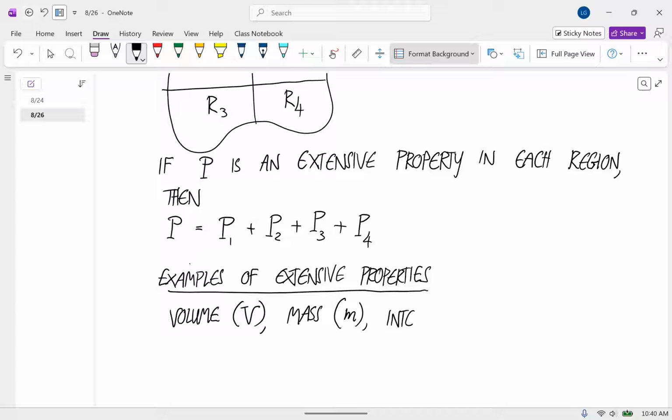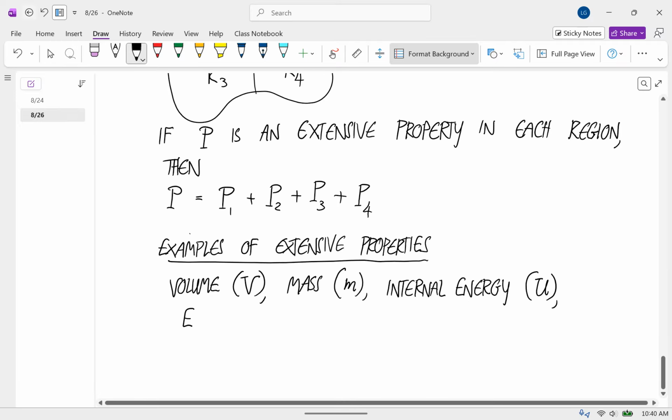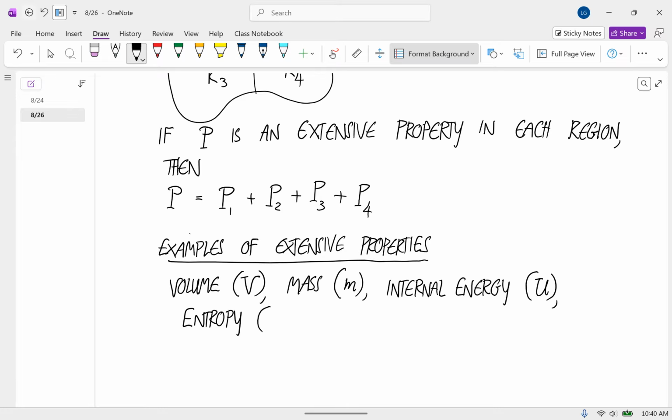Internal energy, we'll denote that with a capital U. Entropy, we'll denote that with a capital S. And these can go on and on. There's a whole bunch of these.